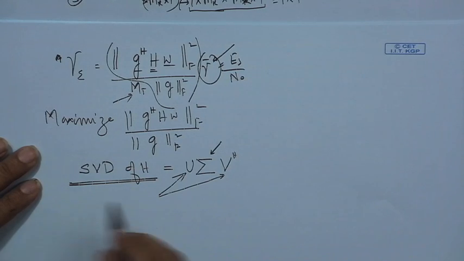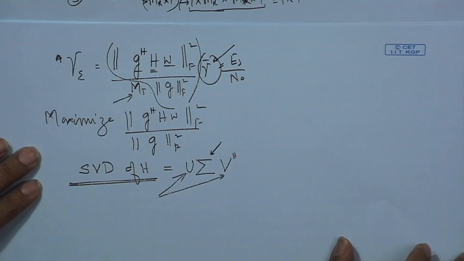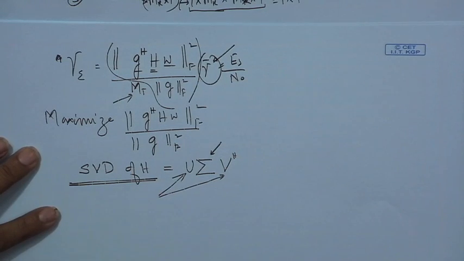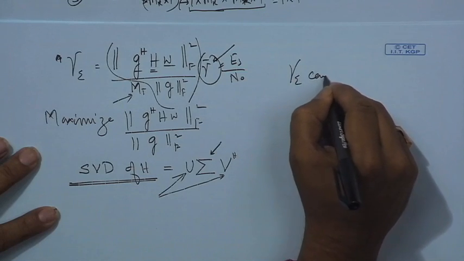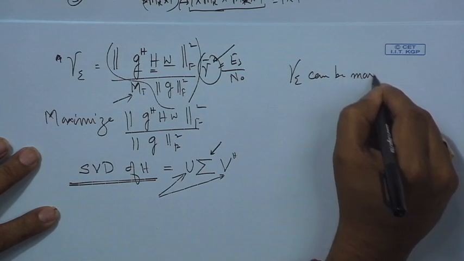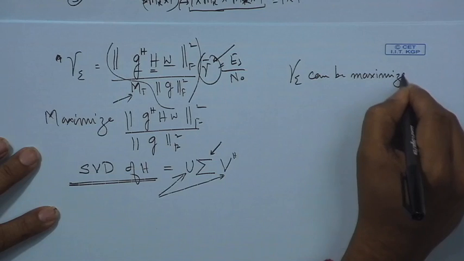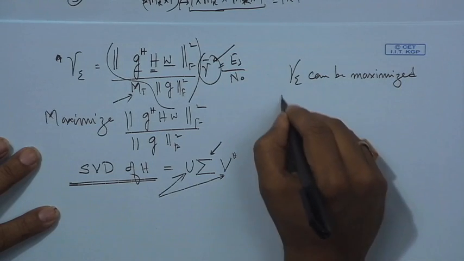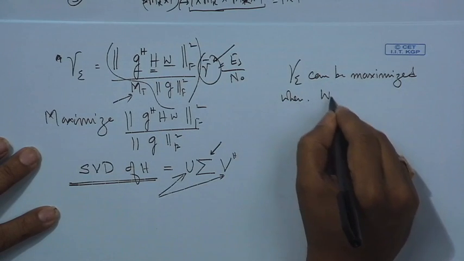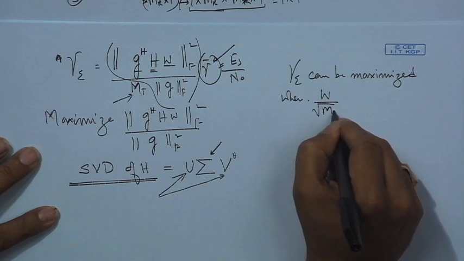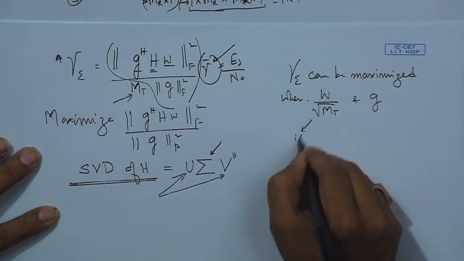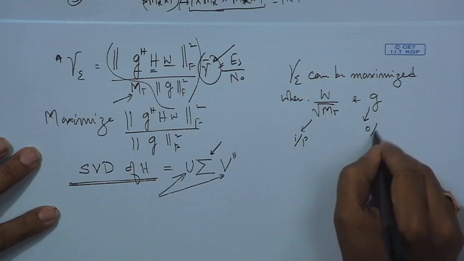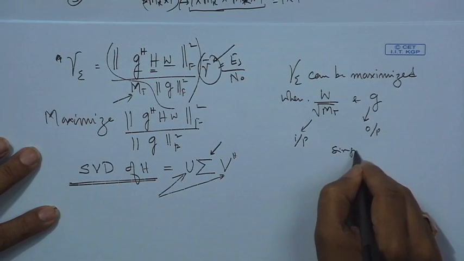And of course there is a certain rank of H, so we'll consider that at the appropriate time. And by doing this, we could say that this SNR gamma can be maximized when we choose W by square root of MT and G as the input and output singular vectors.